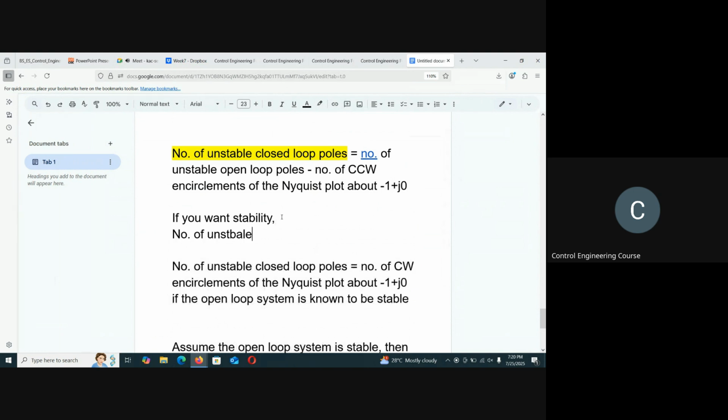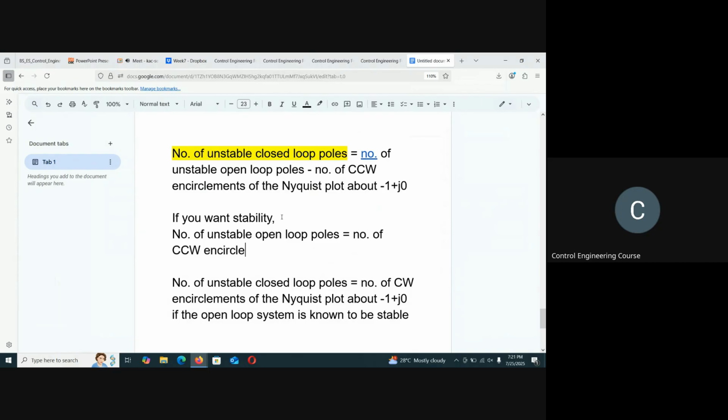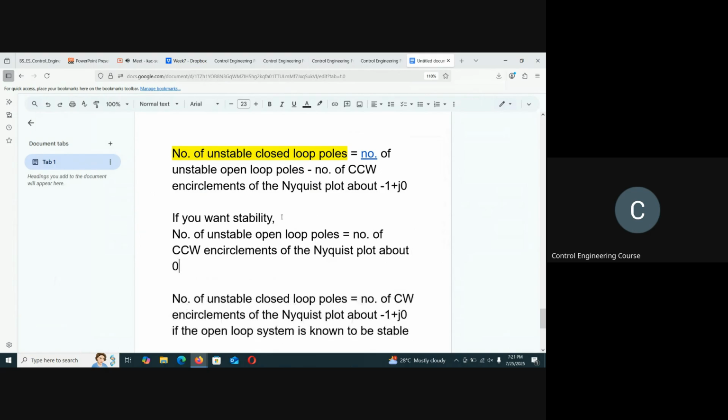The number of unstable open loop poles should be equal to the number of counterclockwise encirclements of the Nyquist plot about minus 1 plus J0. This is the condition for stability. This is the stability criterion.